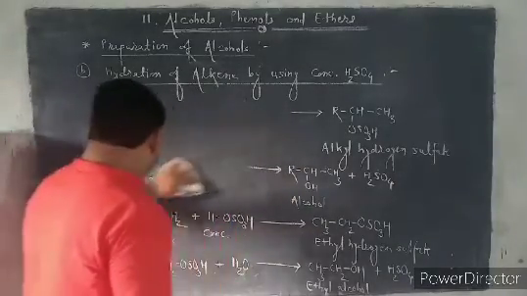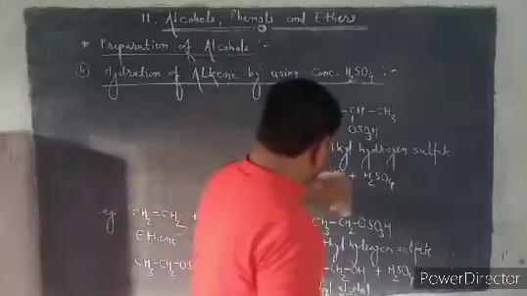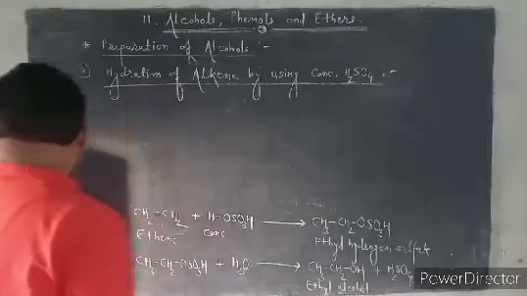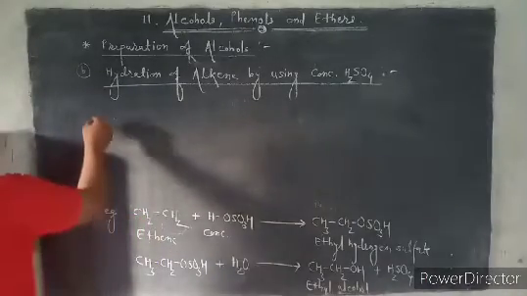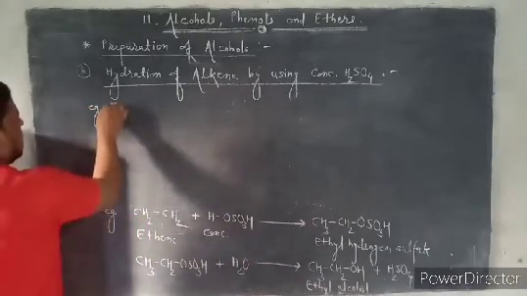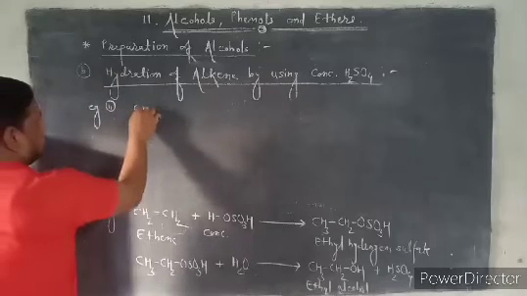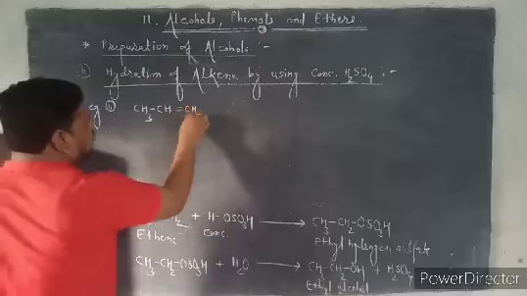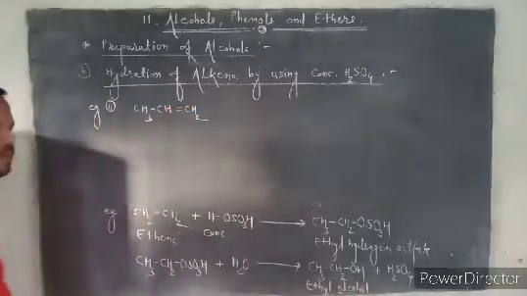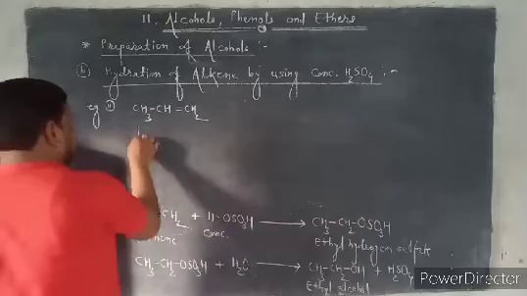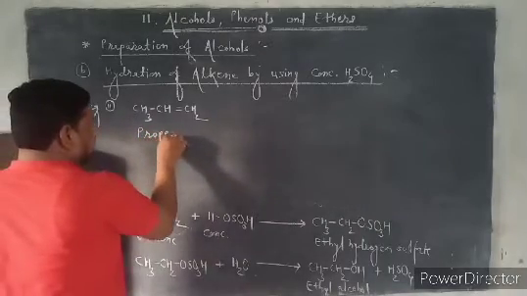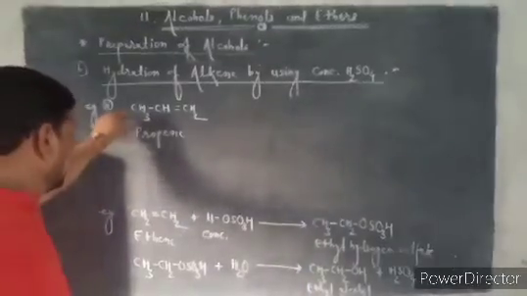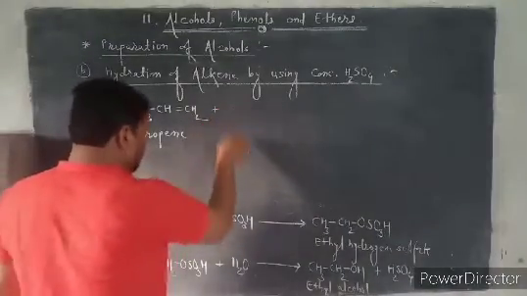For this, we can see one example, CH3CH=CH2. This is propene, an example of unsymmetrical alkene.